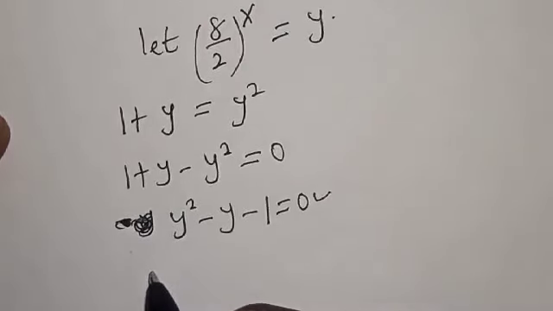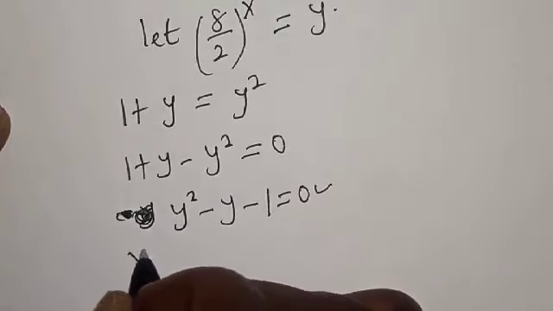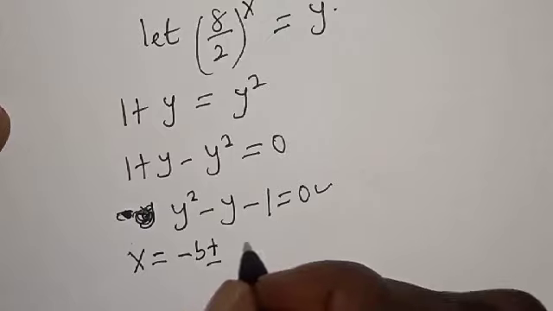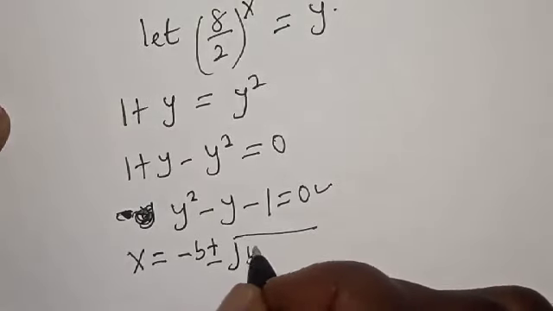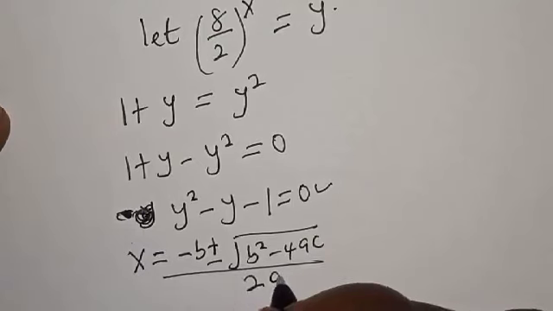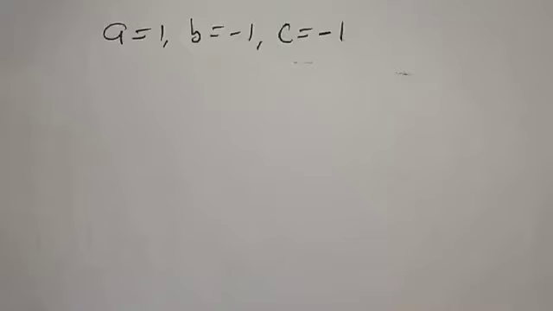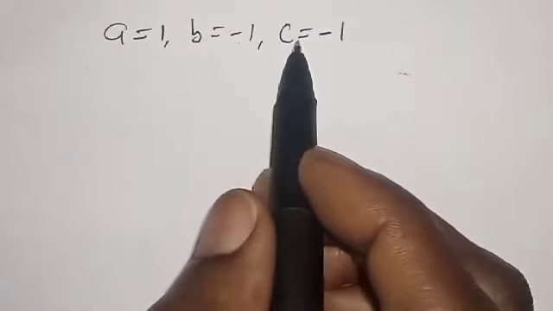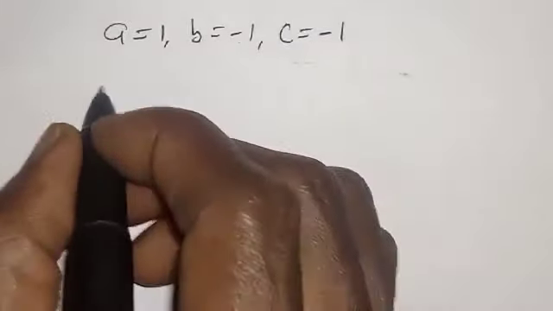Our quadratic general formula is y is equal to minus b plus or minus square root of b squared minus 4ac, over 2a. Now a is equal to 1, b is equal to minus 1, and c is equal to minus 1.